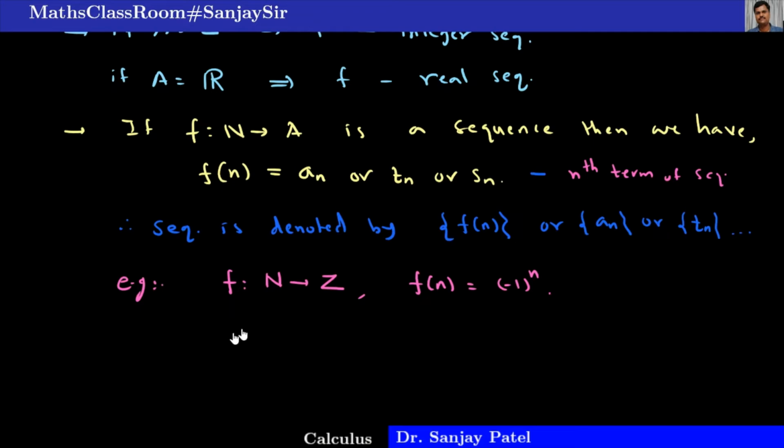Then f of 1 is minus 1, f of 2 is minus 1 squared, that is plus 1, f of 3 is minus 1 cubed, that is minus 1, and so on. So it is clear that we have a sequence of these terms. Here a_n is minus 1 raised to n. We can denote this sequence in this way, minus 1 raised to n in curly brackets.